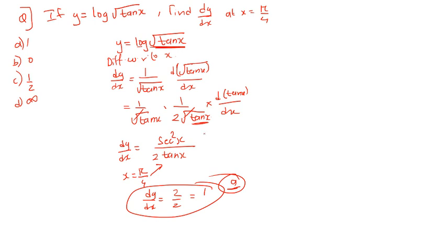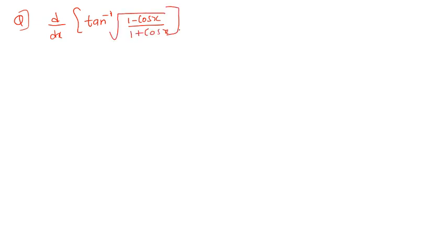Chalo. Moving on to next question. Let me see who answers it. Very, very important and interesting question. d by dx of tan inverse of root of 1 minus cos x divided by 1 plus cos x, the whole thing under root.